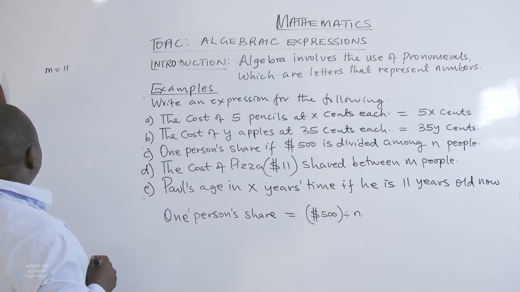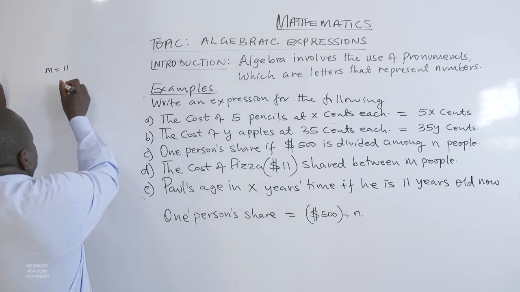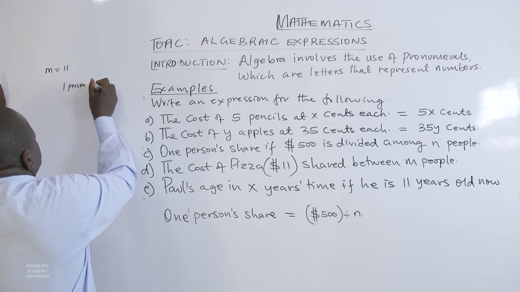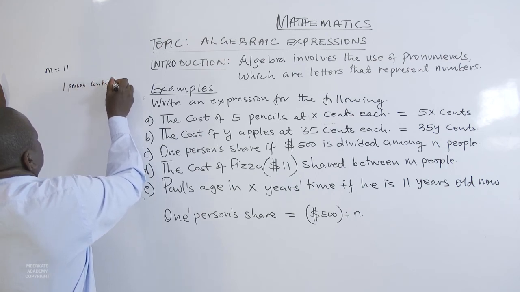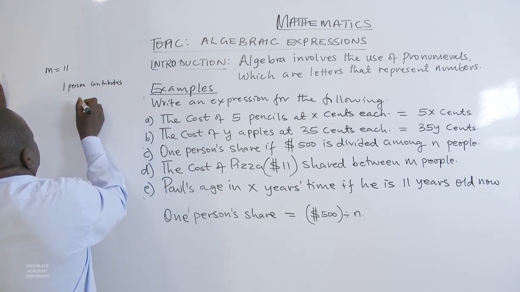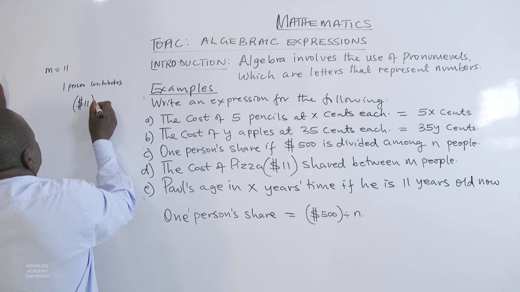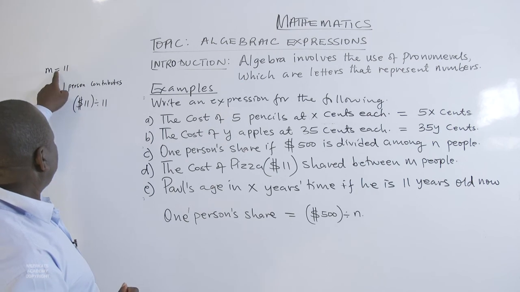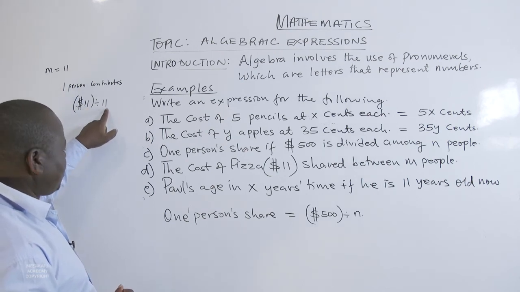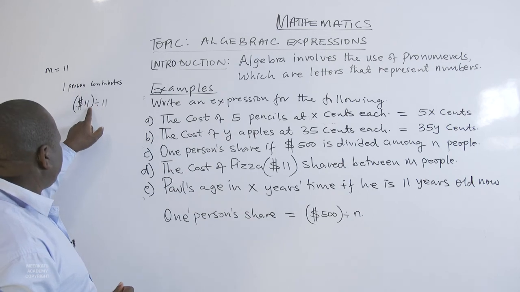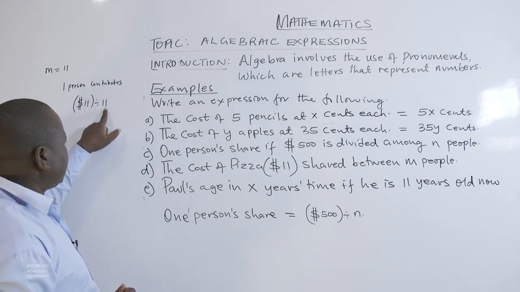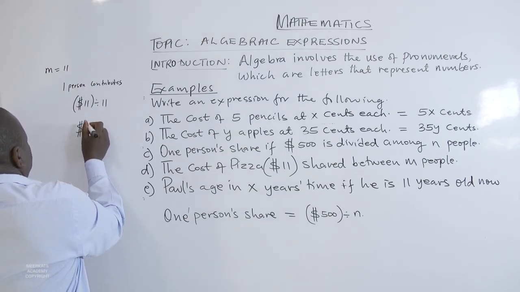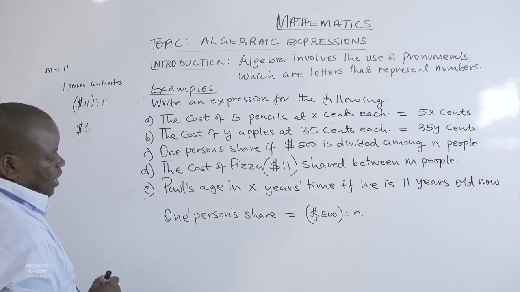When m is equal to 11, one person contributes $11 divided by 11. The highest common factor between 11 and 11 is 11 itself, and therefore 11 divided by 11 gives 1. So each person contributes $1 if there are 11 persons.